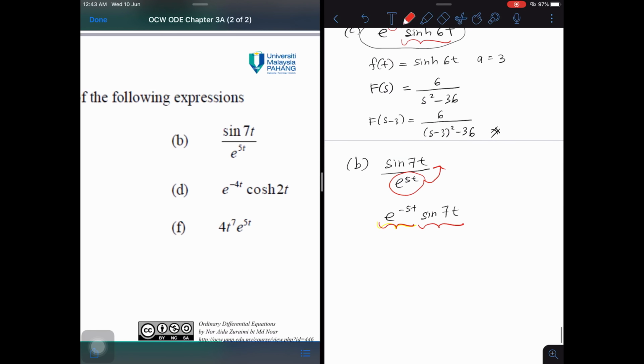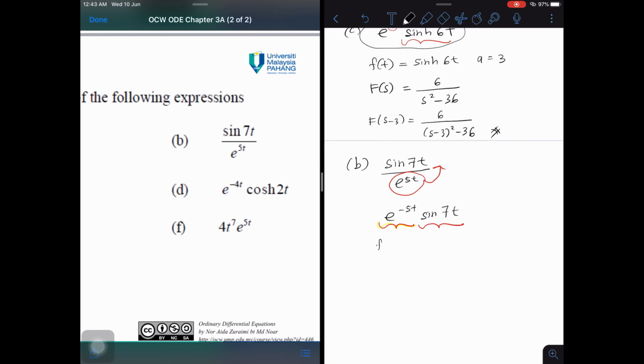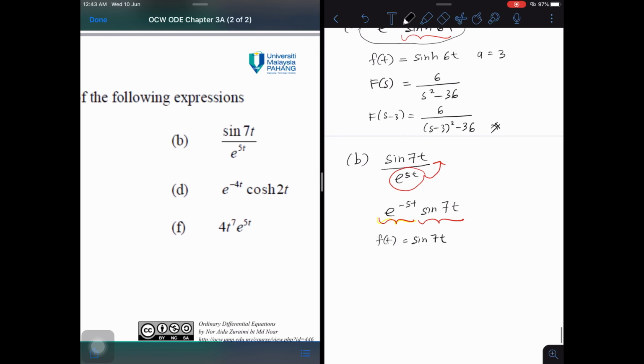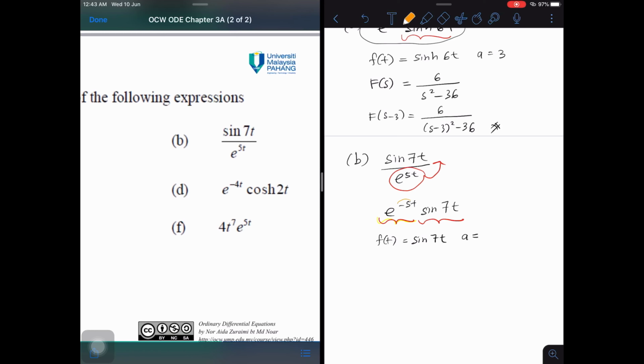To use the first shift theorem, the first thing you need to know is what your f(t) is. Your f(t), other than the exponential function, is equal to sine 7t. The second information you need to know is the value of a. The value of a comes from the exponential function here. So the value of a is equal to negative 5.